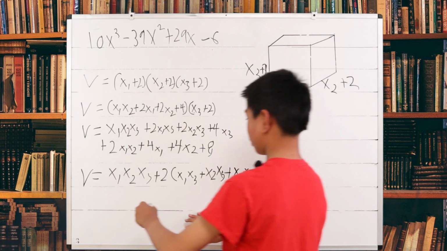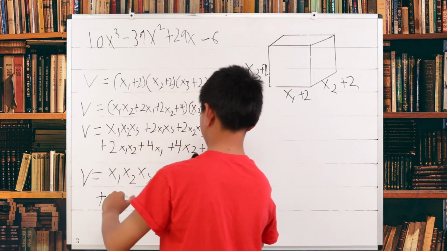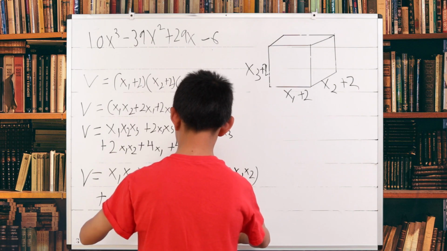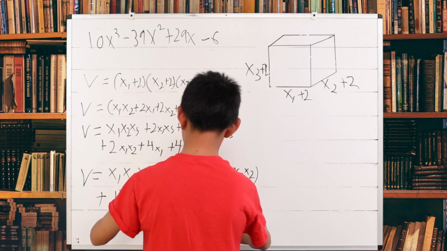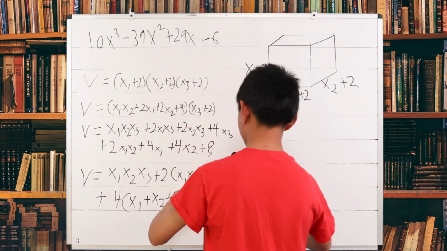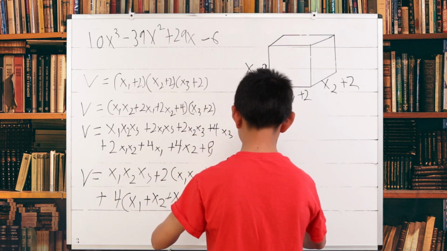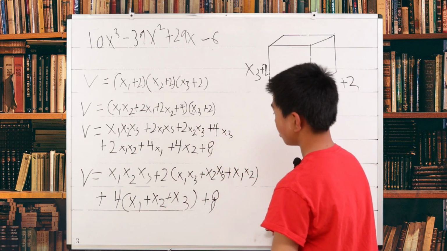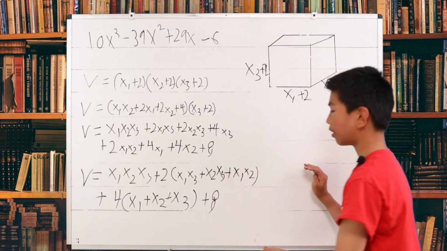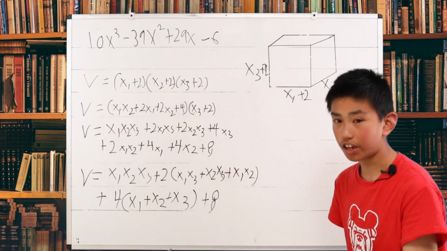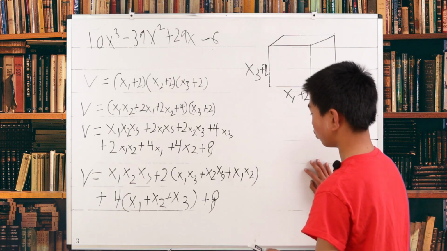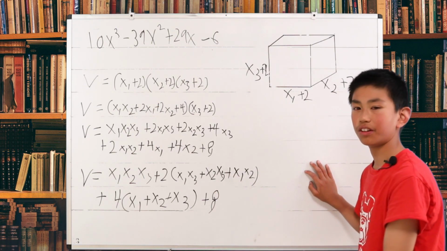And now we can factor out the 4s. Plus 4 times x1 plus x2 plus x3 plus 8. We now see that all of these terms are part of Vieta's formulas. So therefore we can use them to solve what the volume is.